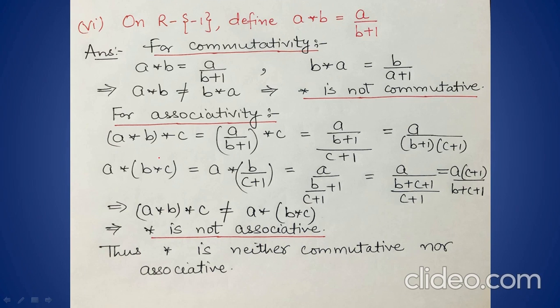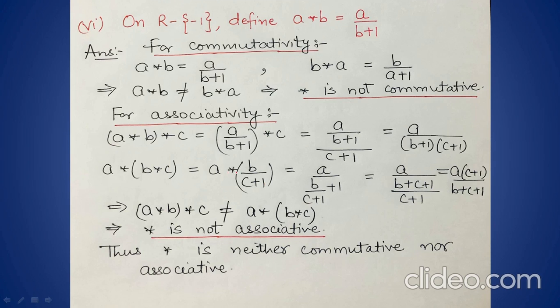Now again consider a star bracket b star c. तो पहले b star c को हम सॉल्व करेंगे तो it becomes b upon c plus 1. First element is b upon second element c plus 1. So it becomes now first element है a और second element है b upon c plus 1.